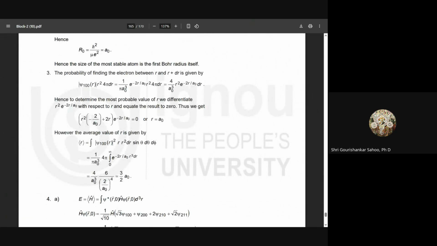Let us have another problem. Obtain the most probable value and expectation value of r for the ground state of the hydrogen atom. The problem is solved and is shown on the screen. The average value of r is equal to 3/2 a0.